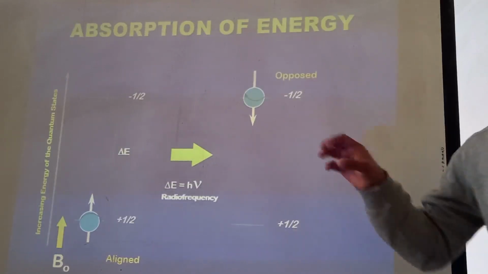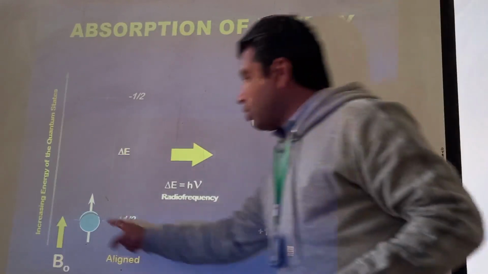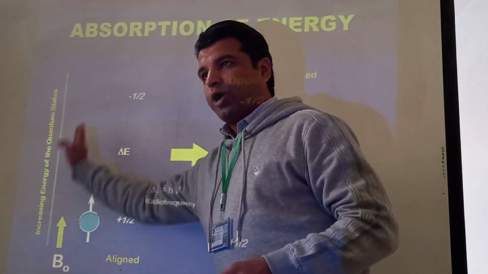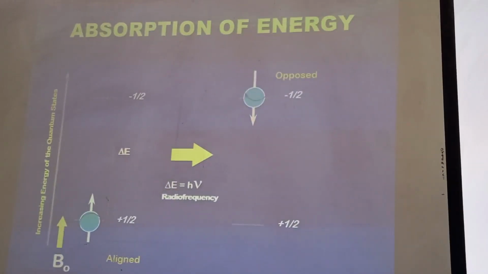So this diagram shows the absorption of energy. From where does this energy come? From the radio frequency transmitter in the form of radio frequency. So we have B naught, again pointing up, and you have these nuclei in a lower energy state, that is the alpha state or the plus half state.